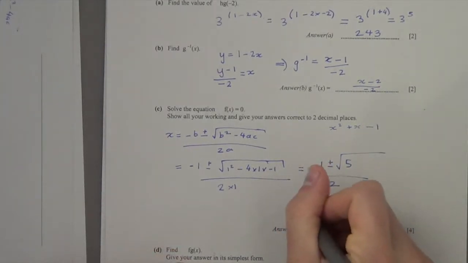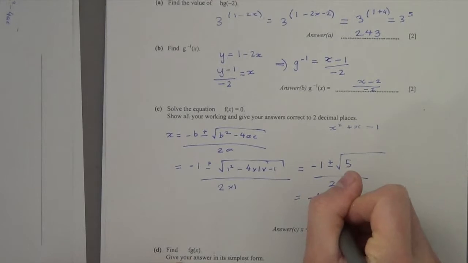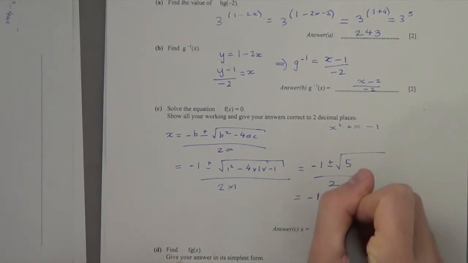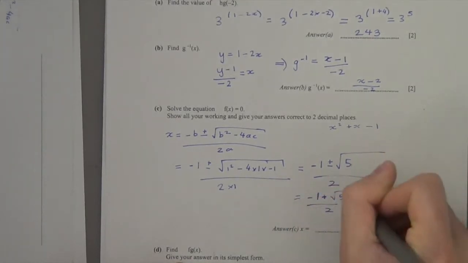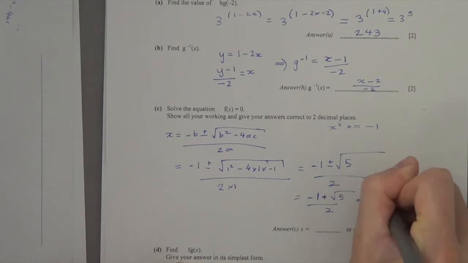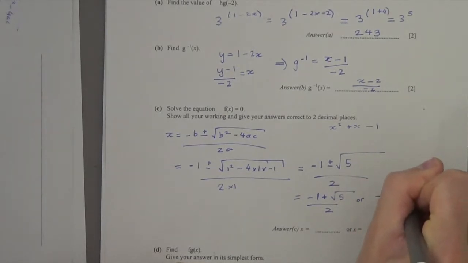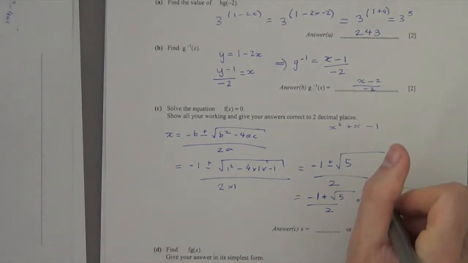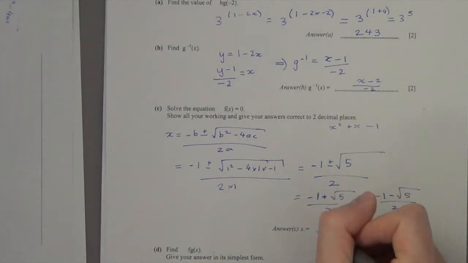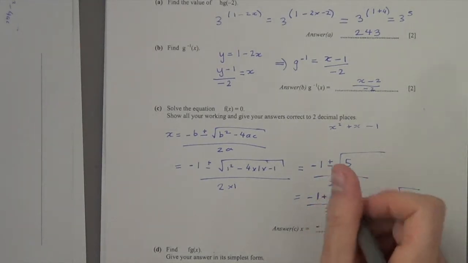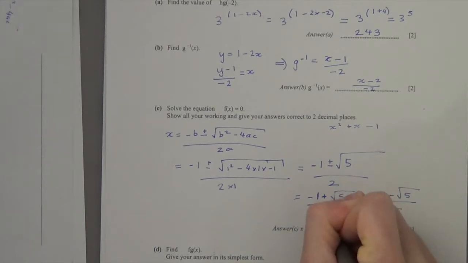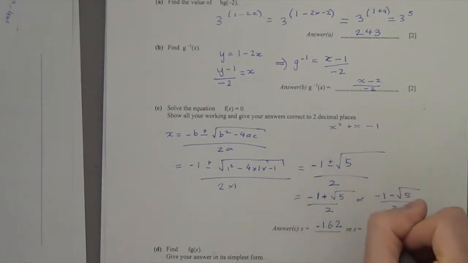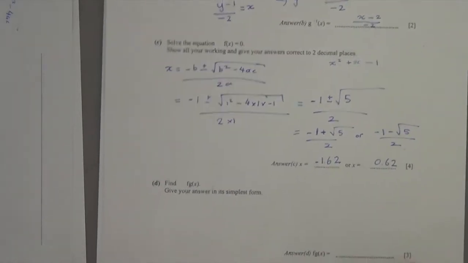Okay, so my two answers will be minus 1 plus square root of 5 over 2, or minus 1 minus square root of 5 over 2. Okay, and if you put that sum in your calculators, you would get these values: minus 1.62 or 0.62. Okay, those are your answers.